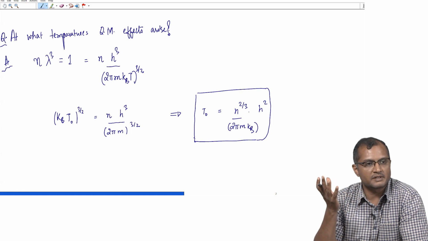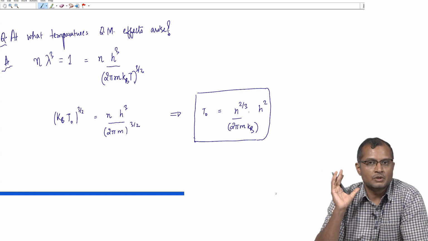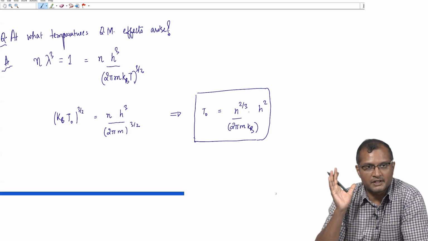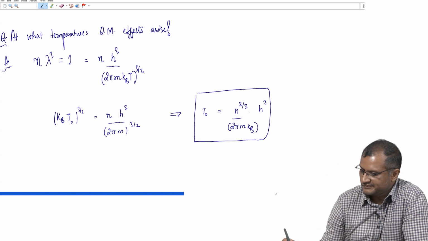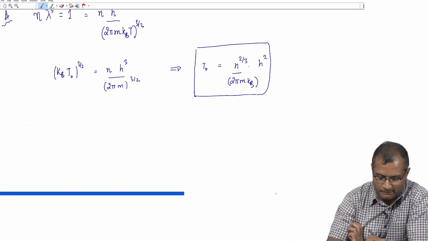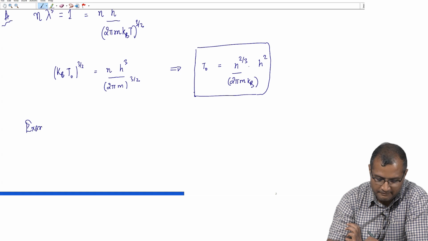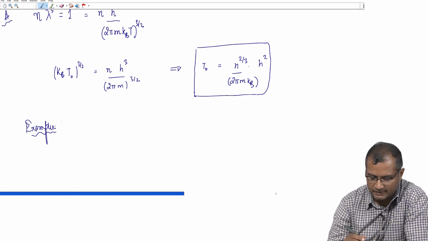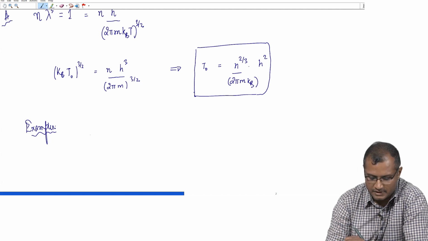Let us compute these temperatures for some of the systems that we routinely encounter in our everyday lives. It will give you an idea, you will appreciate the fact why should I learn quantum mechanics. Okay. So, I am going to take some examples. The first example that I am going to take is that of hydrogen.